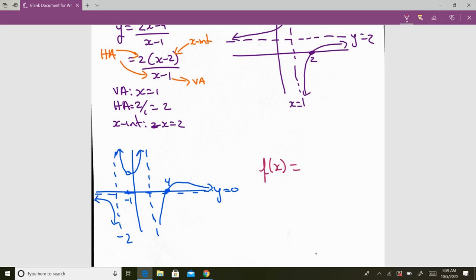So we're going to write it all in factored form. We're not going to write unfactored form because I don't want to. All right. What am I vertical asymptote? Yeah, that does go through the horizontal asymptote. But when it's given like this, it doesn't matter. I'm not asking you. I've given you the graph. Okay, so you just have to generate the equation in factored form. I'm not going to ask you to multiply it out.